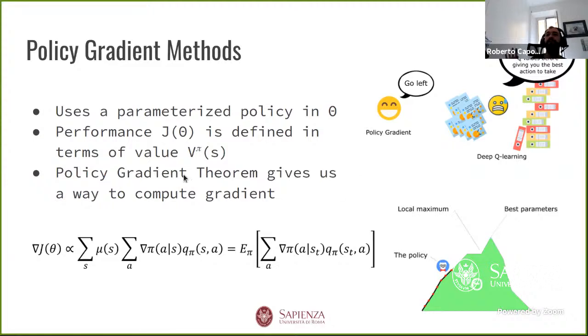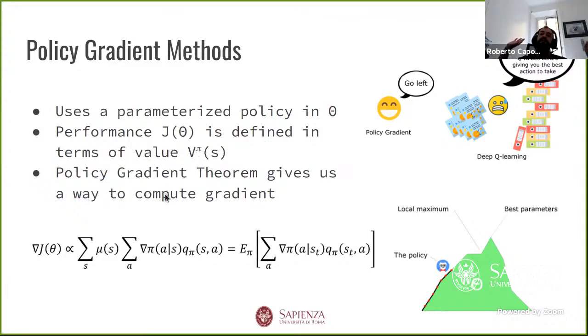So typically in policy gradient methods, instead of estimating a value function, you still estimate some value function, but instead of using that in order to define your policy, you directly represent a policy by means of some parameters. So you create a parameterized policy, and you define a performance function, which is basically the value function itself.